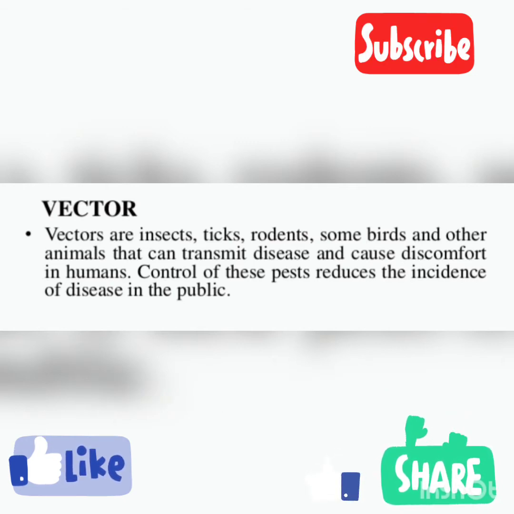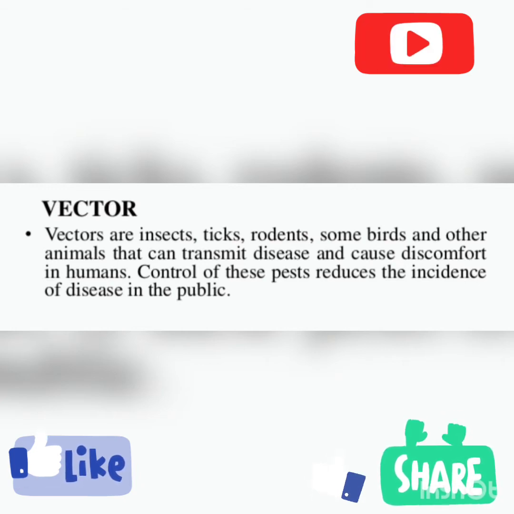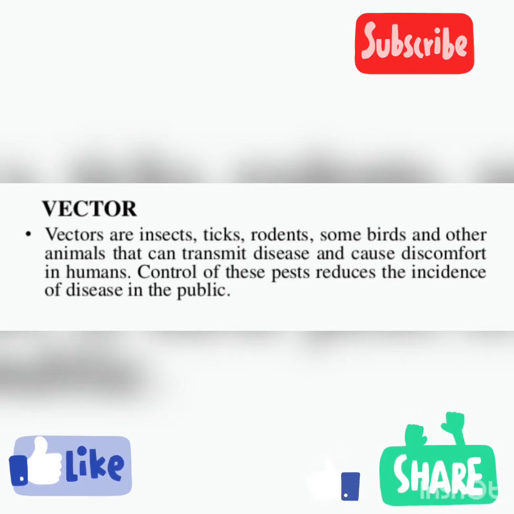When that mosquito bites some other normal person, at that time it will transfer that organism causing malaria. So here the mosquito is acting as a vector carrying the pathogenic organisms from one host to the other host.